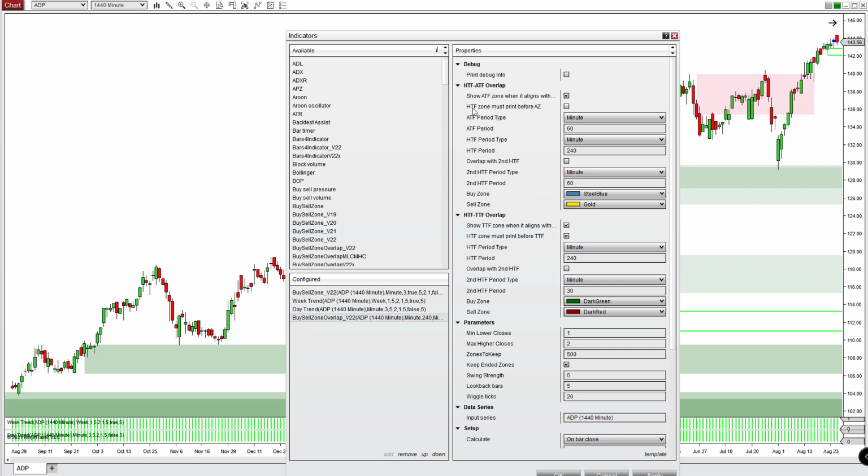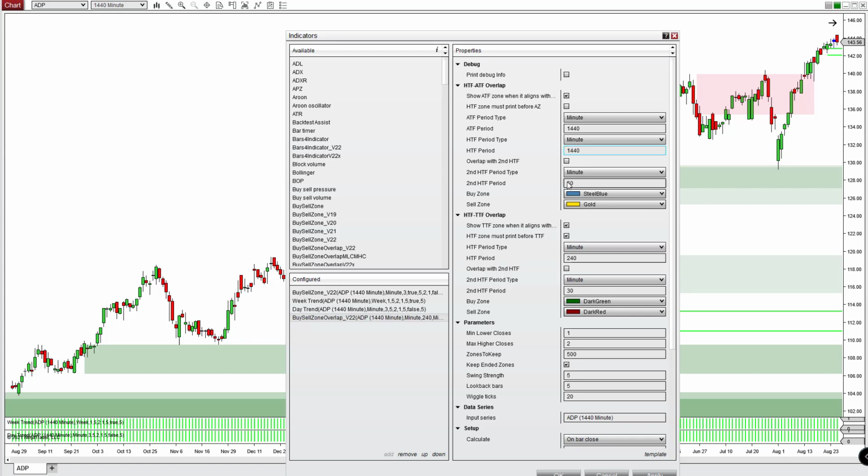On this one, I don't require that the high time frame print first. I don't care about that. So let's go ahead and take this, and your auction time frame period is going to be whatever your trading time frame is. So we know that's going to be our 1440. Our high time frame period, let's also make that 1440.